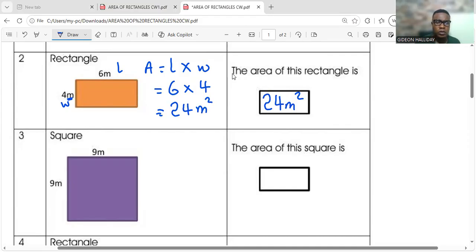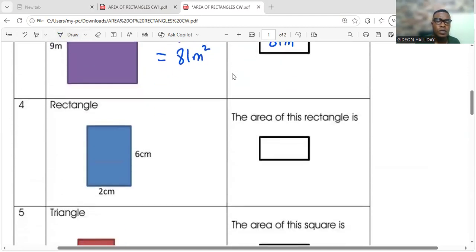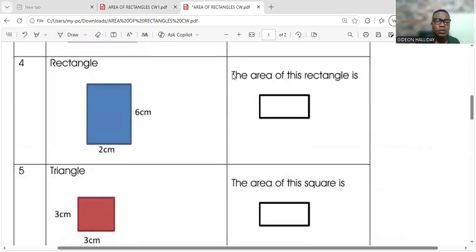The next one is a square. So area of a square, just pick out one side. Area of a square is L squared, and that's 9 squared, which is 9 times 9. And that's 81 meters square. All right, the next one, number 4.